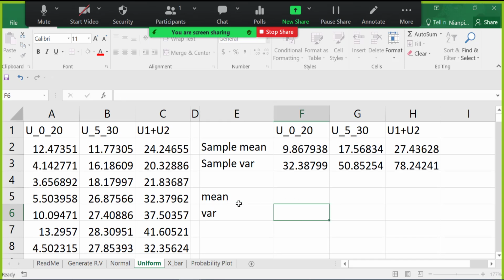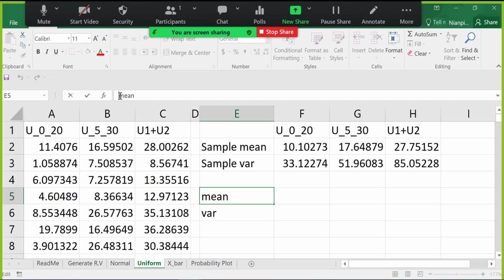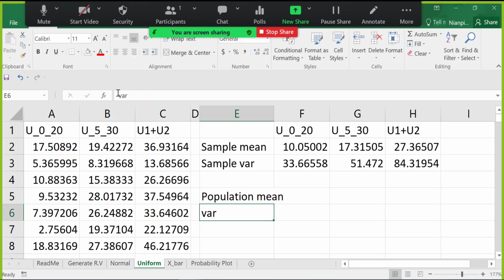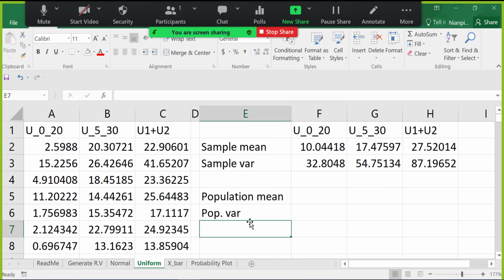And also we can see the population mean and population variance. So this population, that's theoretical because we generate from this distribution.